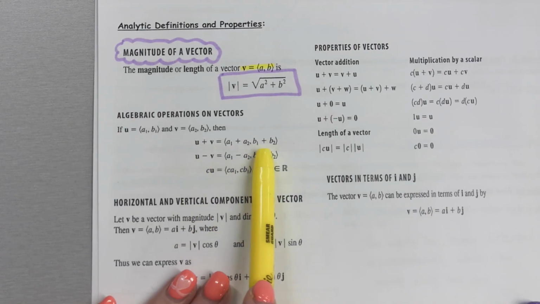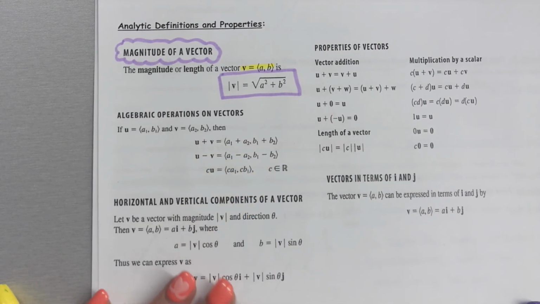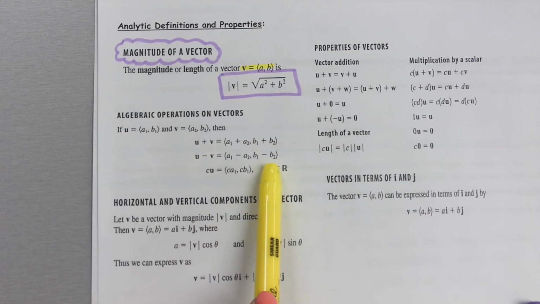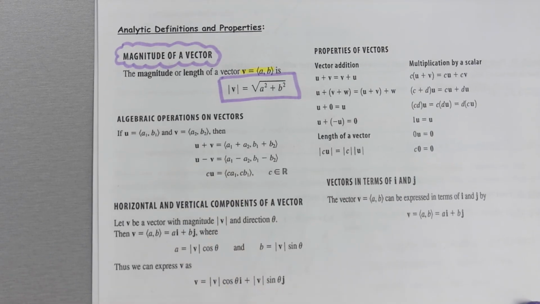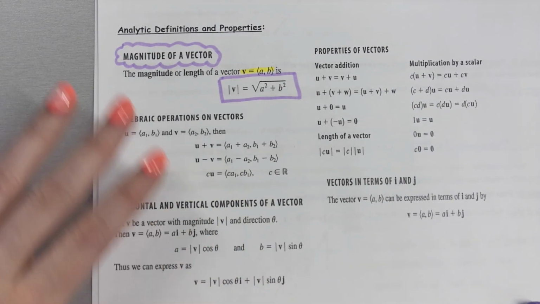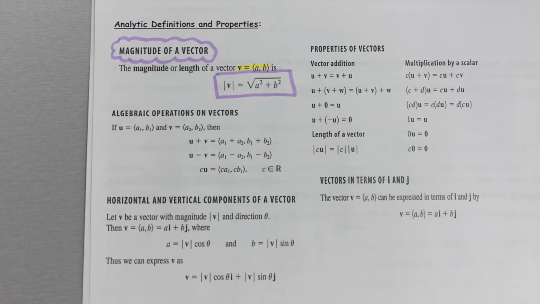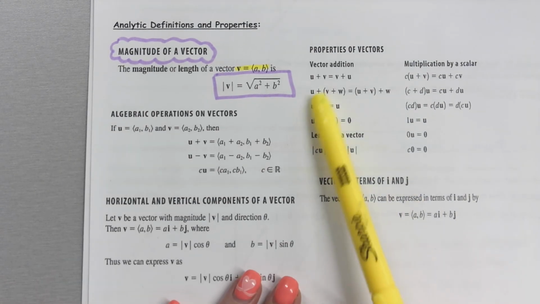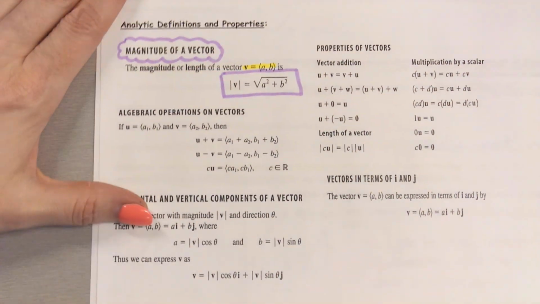If you add them together, you add the same components together. If you subtract them, or multiply by a constant, that's what's going to happen. You just multiply each component there. And then you still have these commutative properties and associative properties that you have when working with numbers.